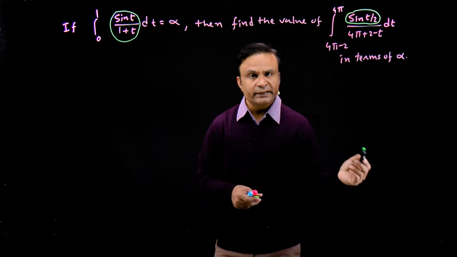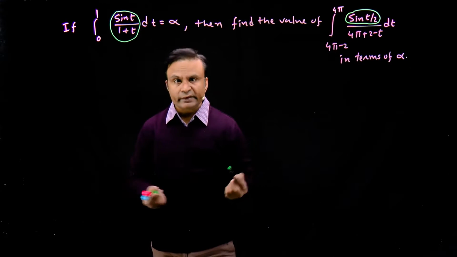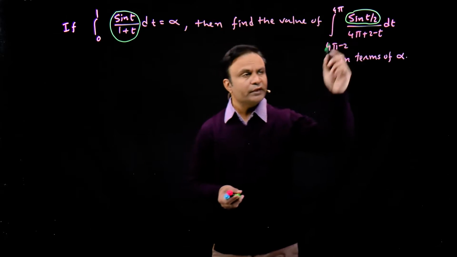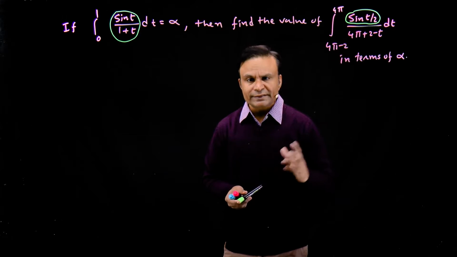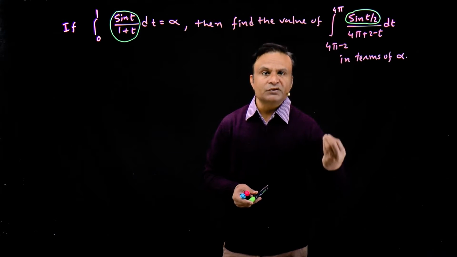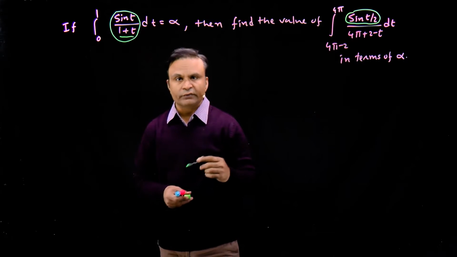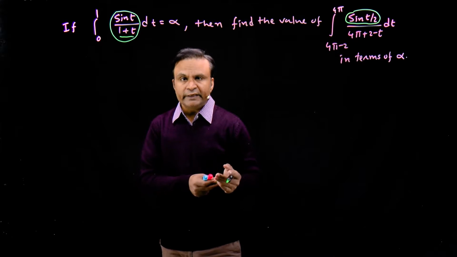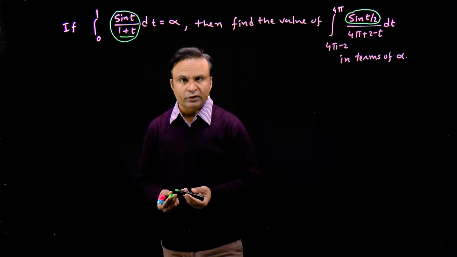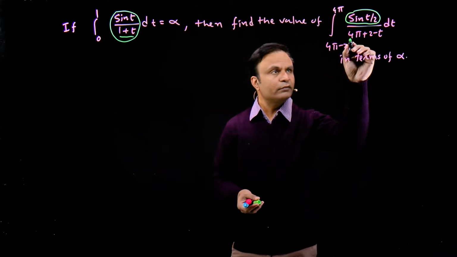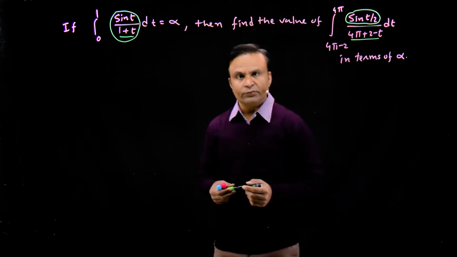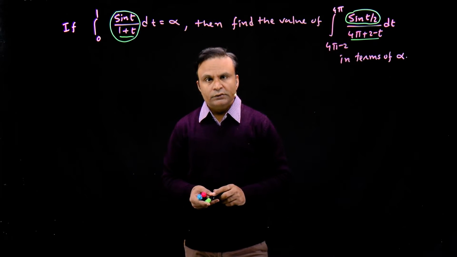We will consider this as, here we have the sine of some linear function which is t. Here also we have the sine of a linear function, just t is replaced by t by 2. Here we have 1 plus t, a linear function in the denominator, so also here we have a linear function in the denominator.